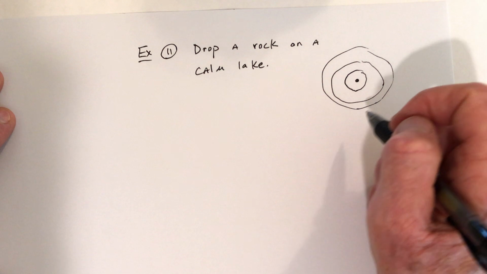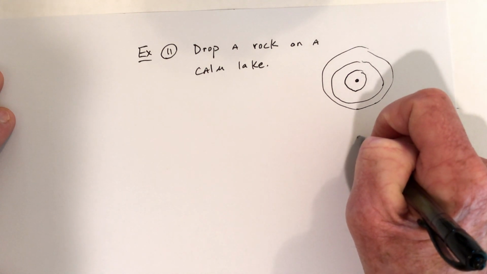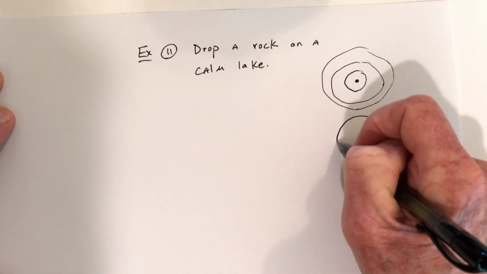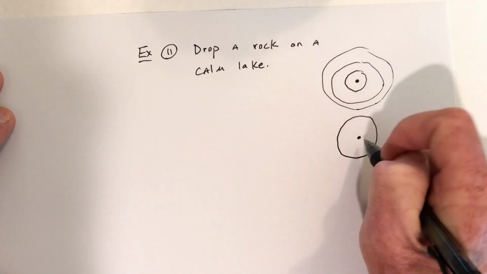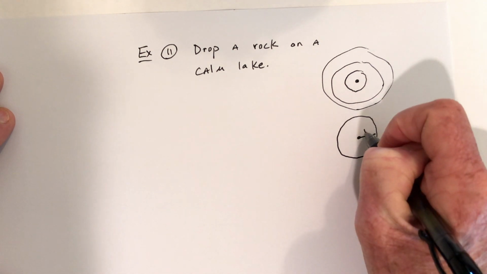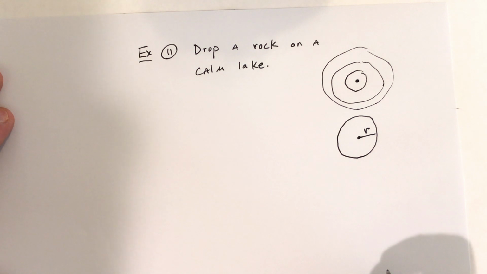So basically, I could just say, all right, at one point, here's where I dropped it, and at one point, the outer wave is going to be like this. And then I would need to know the radius of that.